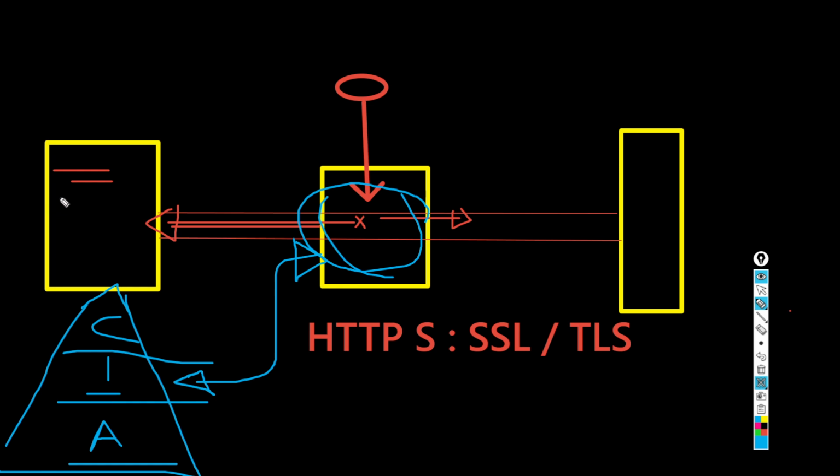Let's say in this website I'm purchasing a dress, and that dress costs me $120. I send $120 and I use a proxy, I intercept this data, and I change $120 to $1.